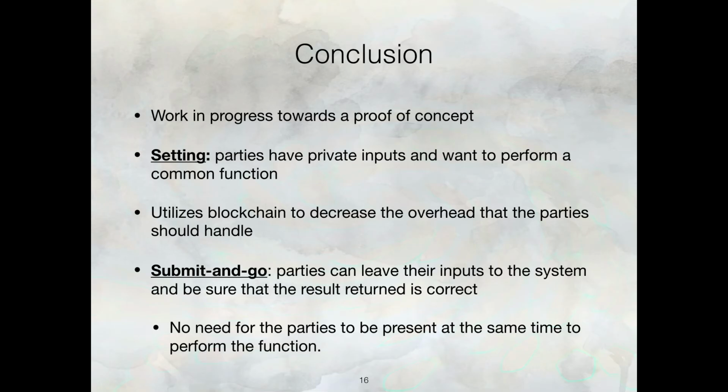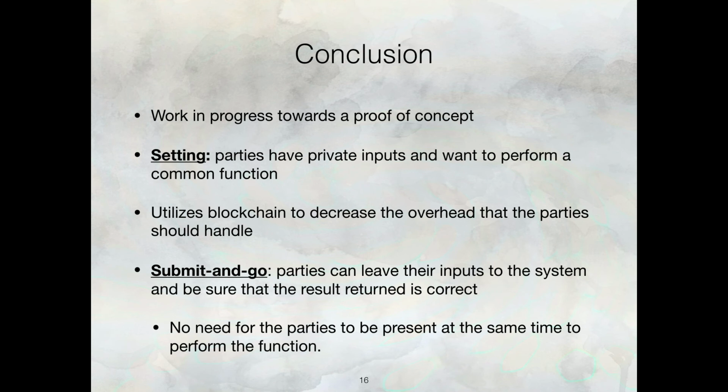Okay, so in conclusion, this is a work in progress towards a proof of concept using very basic use cases to show how our system can work. And in our setting, we have parties that have private inputs, and they want to perform a common function using their inputs. And it utilizes blockchain to decrease the burden on the users that they have to handle.